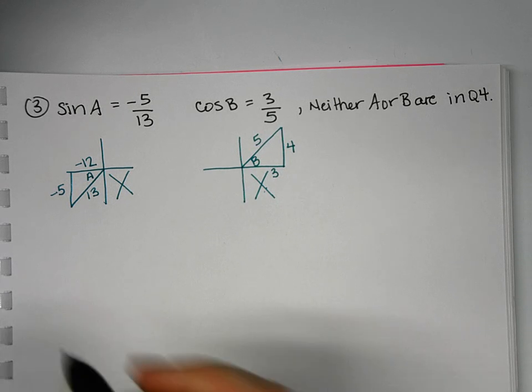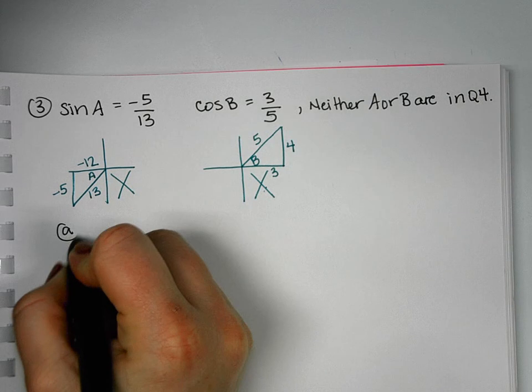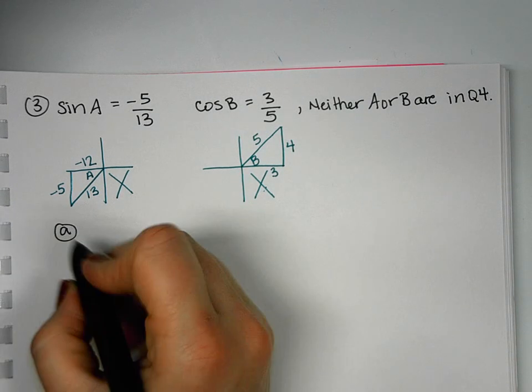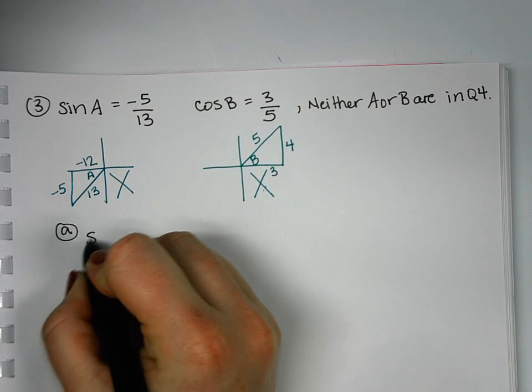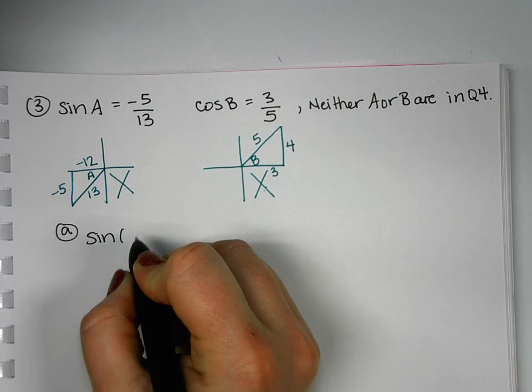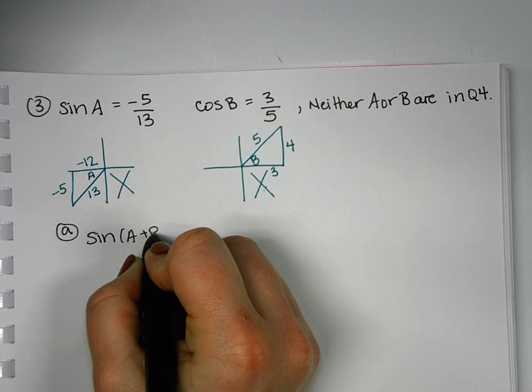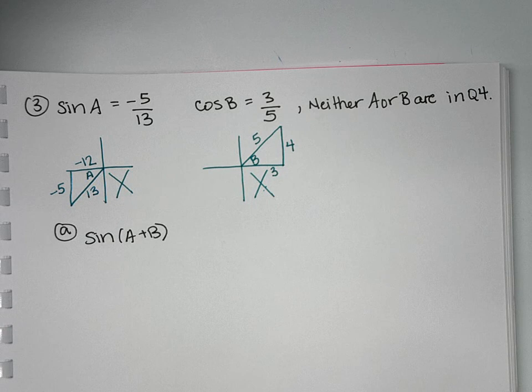So one of the questions you're going to be asked after you get this all drawn out is going to ask you, what is sine of A plus B? And this is where we're going to actually use the values from our triangle, the fractions from our triangle.